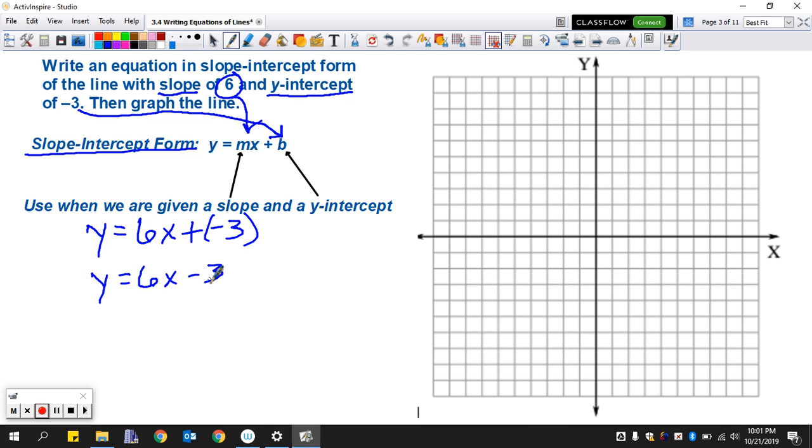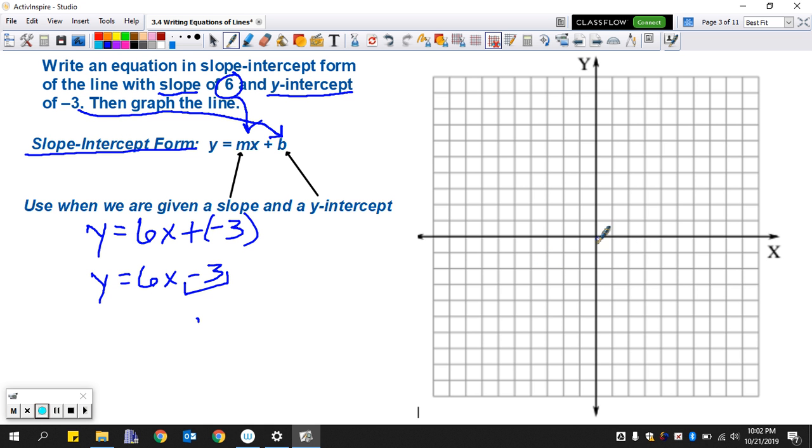Now, a lot of times we want to go ahead and rewrite it in the simplest form. And it also asks us to graph the line. So we know that the y-intercept is negative 3.